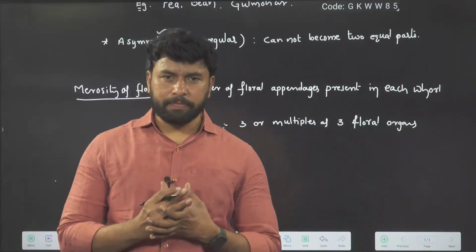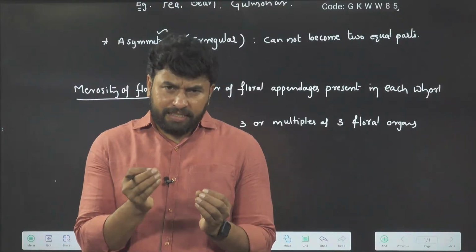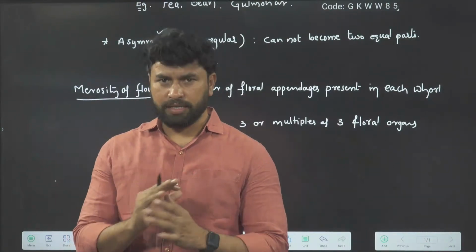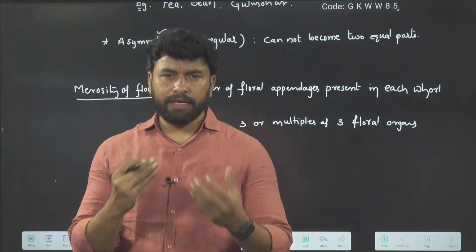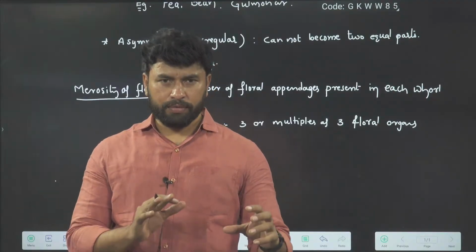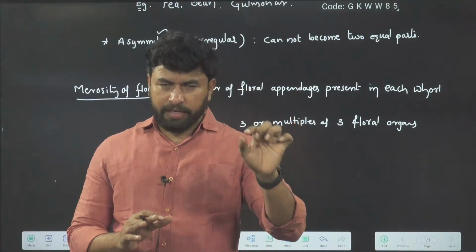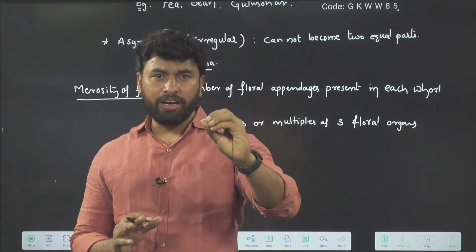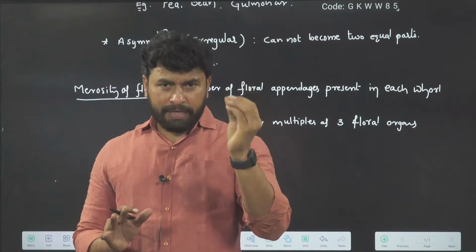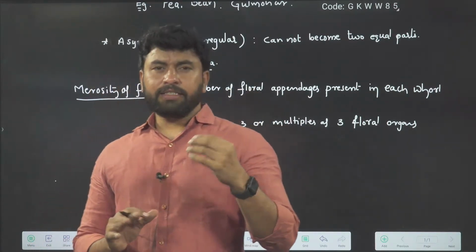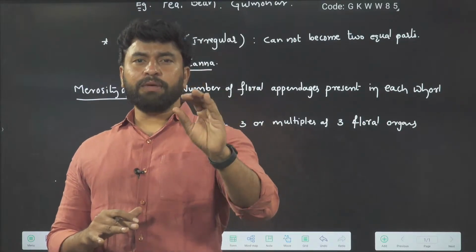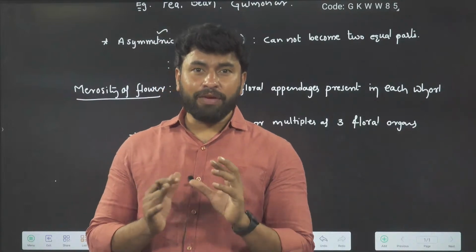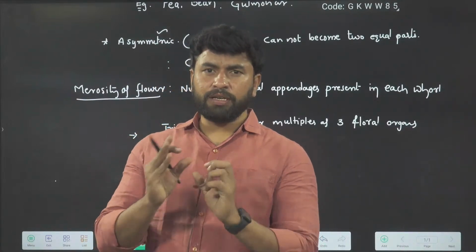If sepals are 3, petals may be 6, 9, but petals are never going to become 4. If petals are 4, stamens may be 6, 8, 12, like that, but never an uneven number. That is the beauty of arrangement of floral organs.